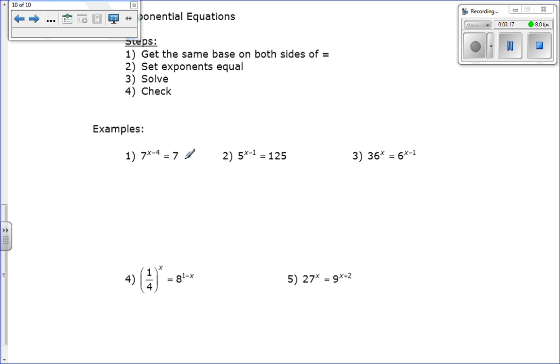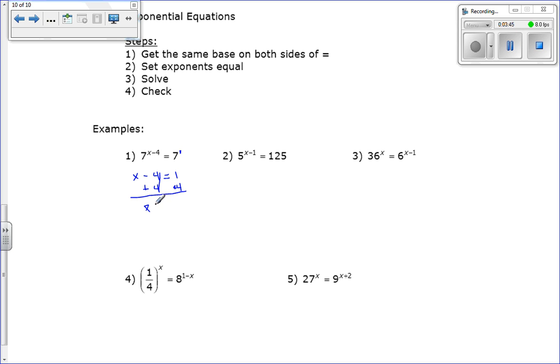For the first problem, we have 7 to the x minus 4 equals 7 to the first. Now, I don't have to worry about changing my bases because they're exactly the same. So all I have to do is take the exponents and literally set them equal to each other, and then solve that equation. So for this equation, we just add 4 to both sides.